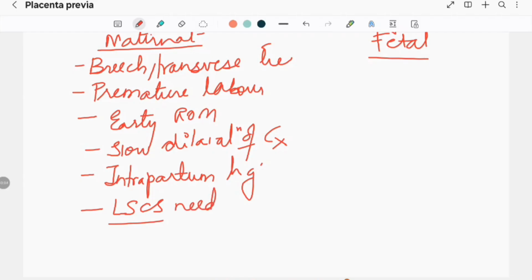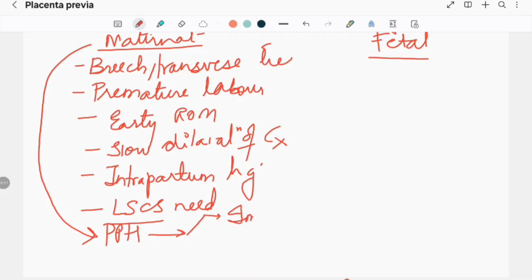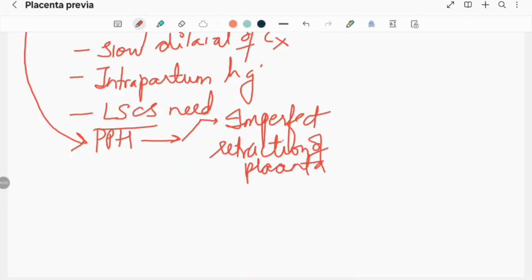Okay, then there could also be one maternal complication which is PPH. In this PPH, it is due to imperfect retraction of the placenta. It could also be due to large surface area and placenta previa accreta.